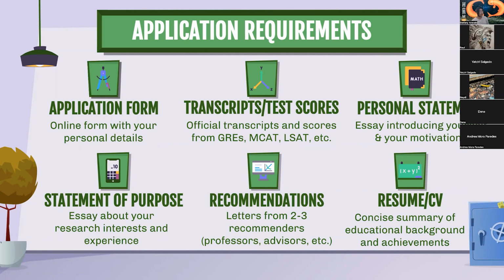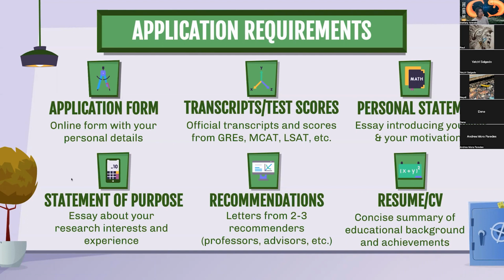They understand that if you're a senior applying in December or January, you haven't finished your last couple quarters or semesters, and that's totally fine. And if you have graduated and took a couple gap years, you would request a full official transcript from your school, which has everything you took while you were in school. And then you would also send in test scores such as the GRE, MCAT for med school, LSAT for law school, etc. Just like when an undergrad you had to submit an SAT, ACT, that type of thing.